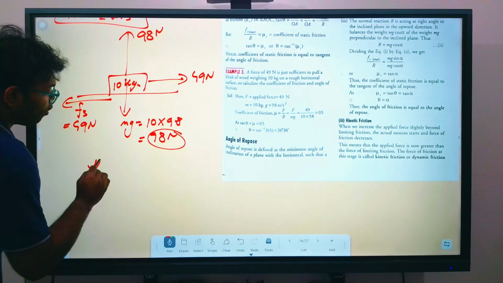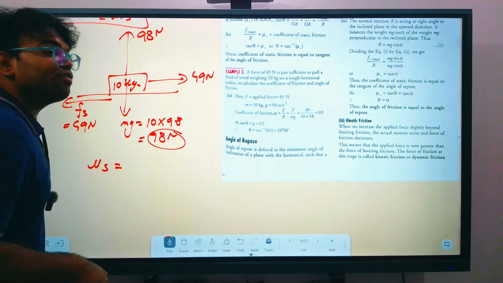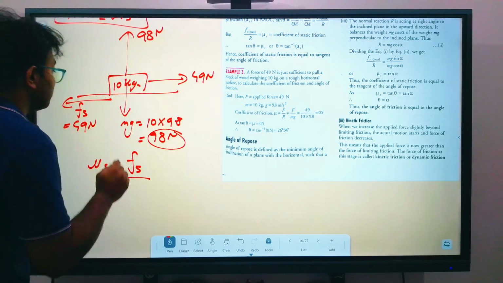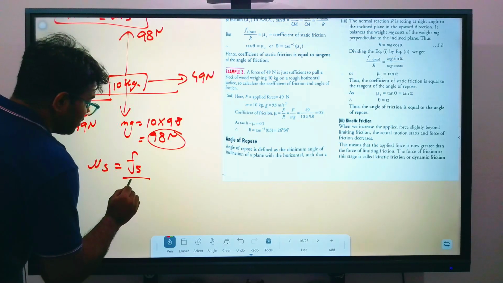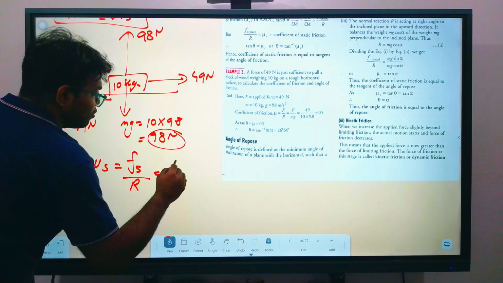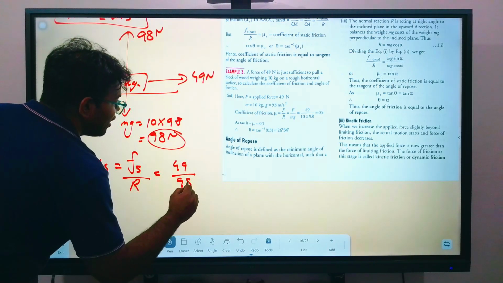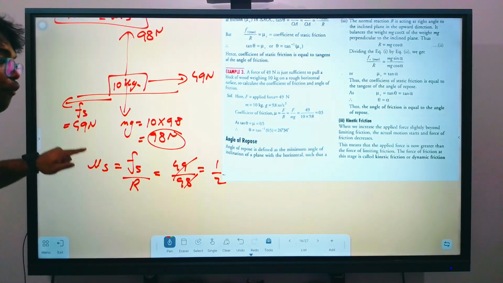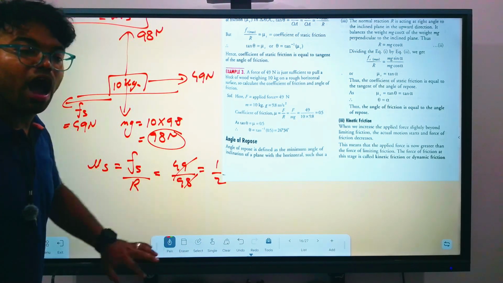The coefficient of static friction is equal to what? The applied force Fs upon the normal reaction R is equal to 49 upon 98, which is 1 upon 2. So the coefficient of static friction becomes half.